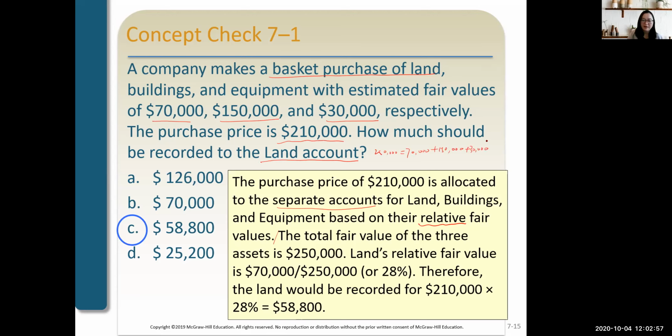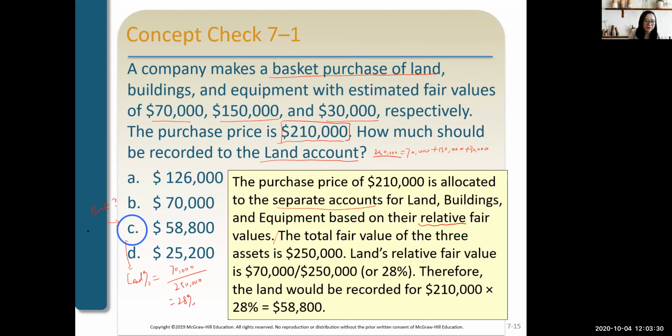And then out of this 250,000, the land percentage is 70,000 divided by the 250,000, and it gives us 28%. So therefore, in order to calculate the book value of this land, we should use the purchase price, which is 210,000.